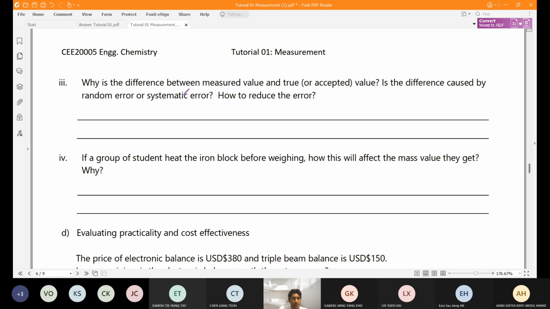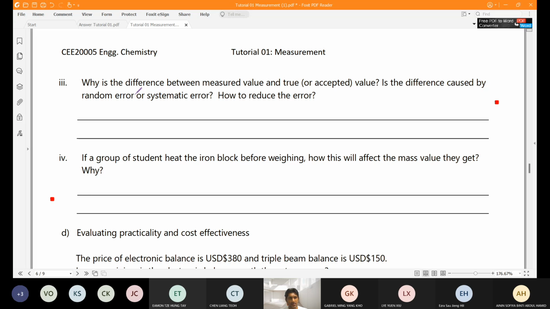Why is there a difference between measured values and the true or accepted value?